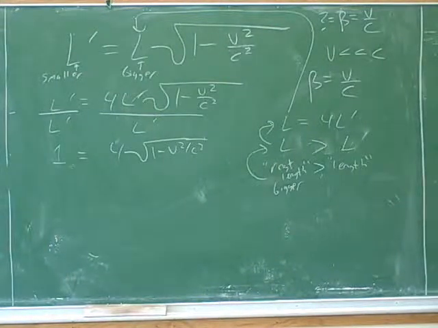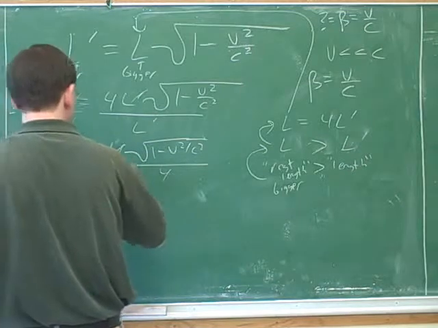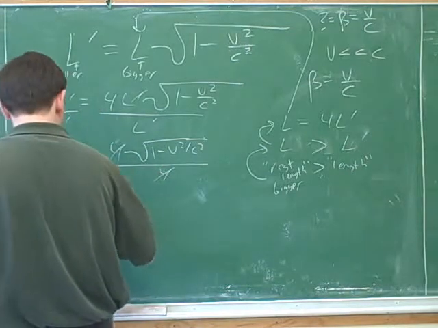All right, well, there's still algebra to go. So let's keep trying to write down each step for the algebra. I divide by 4, and I can square both sides. So 1/16 equals 1 minus v squared over c squared.